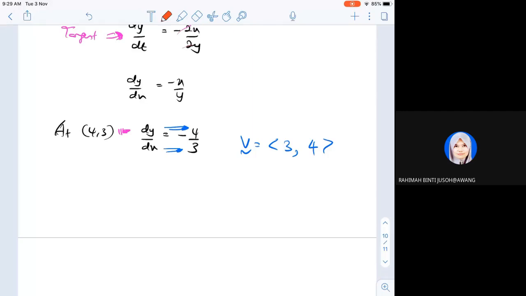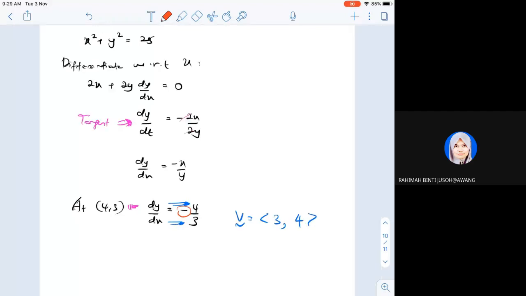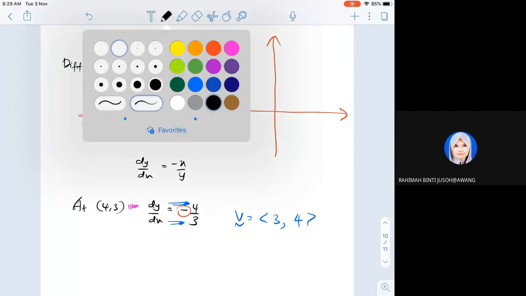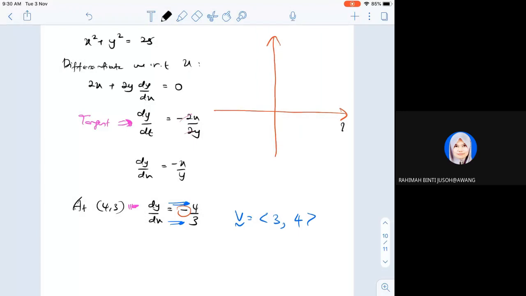X or y? Okay, so let me sketch the graph for you. This is the graph of the circle. What's the radius of this circle? Apa radius dia? 5. Okay, so let's say we have this circle with radius 5.